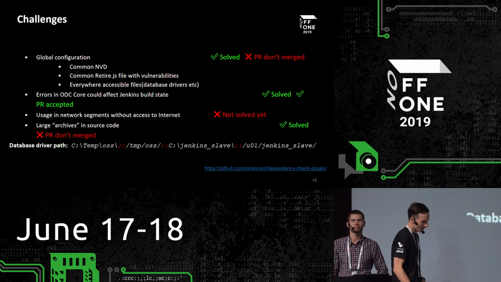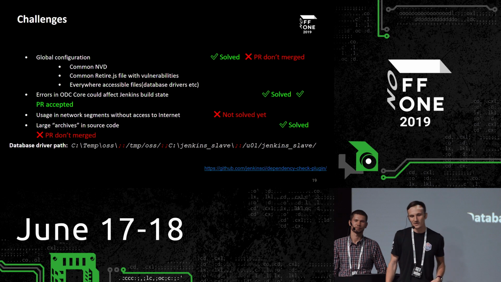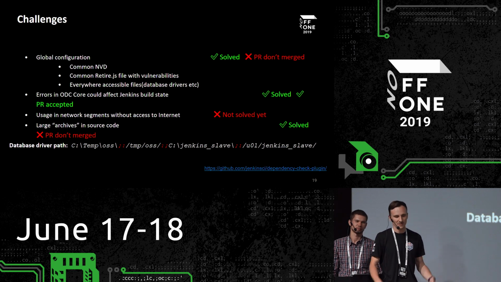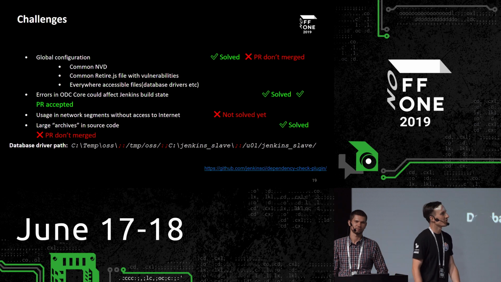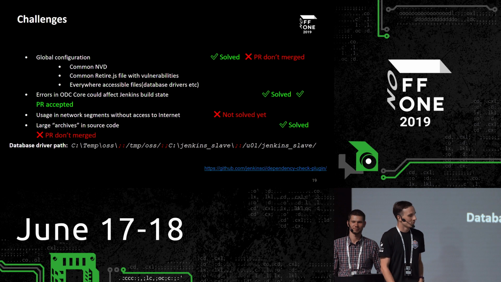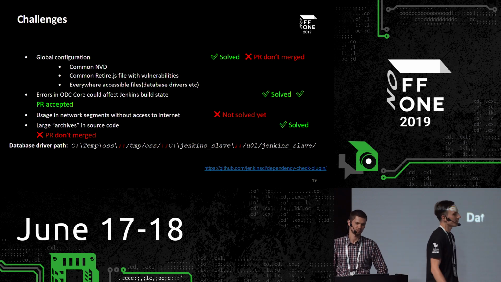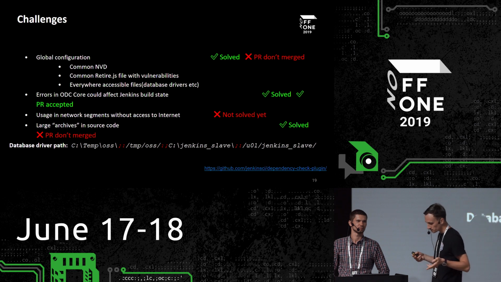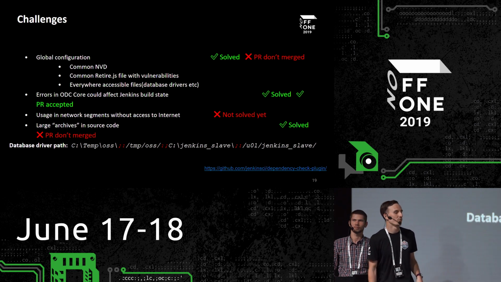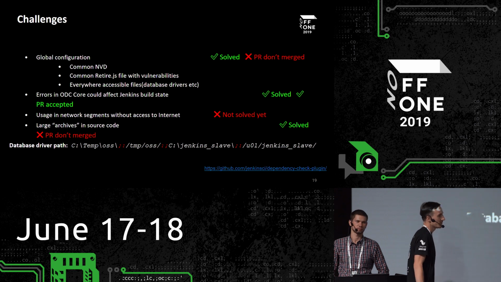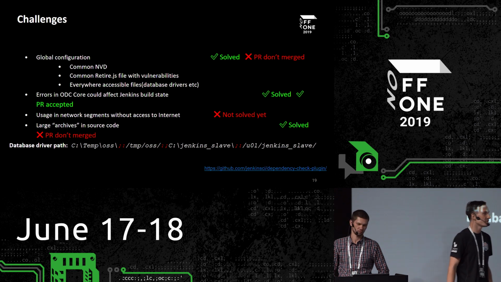And in Jenkins, if you drop your own pipeline, you cannot make it green again. This is one of the specs of Jenkins. You can always make it just worse. So we added one more flag, enabling us to launch analyzers in such a way that by no means it will drop the pipeline. And this PR was accepted. I think it has been issued in a new version of the plugin.